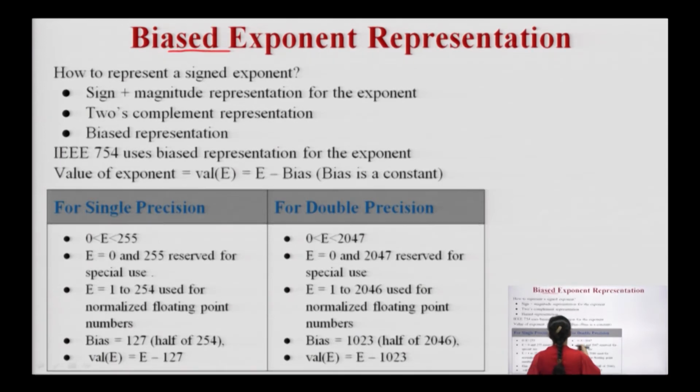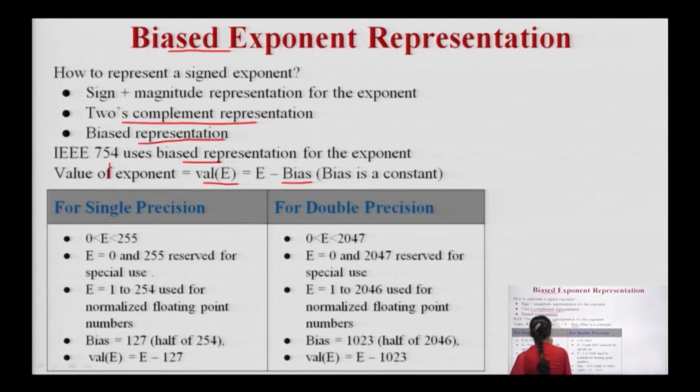To represent that, we may take 2's complement representation, bias representation, or sign-magnitude representation. IEEE 754 uses the bias representation for the exponent, in which the value of the exponent is calculated as E minus bias. This bias is a constant.